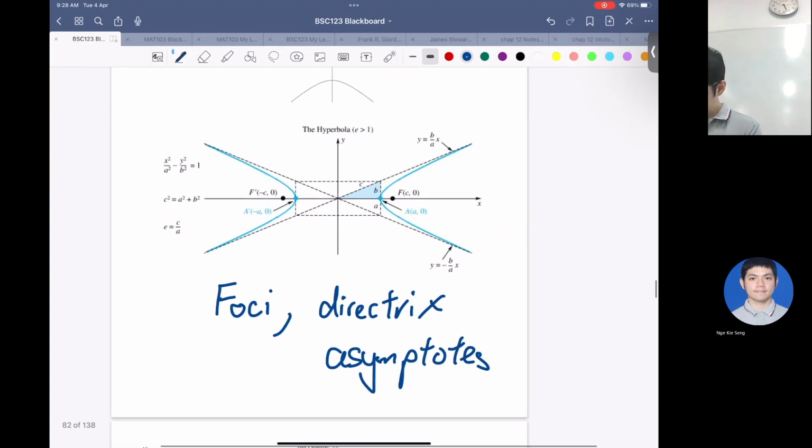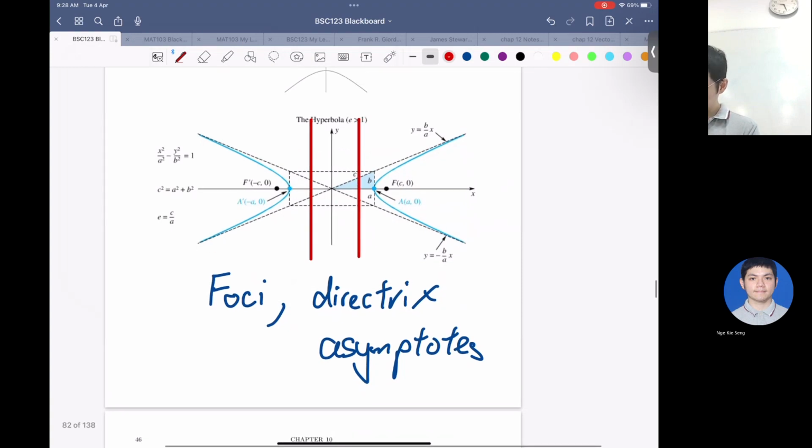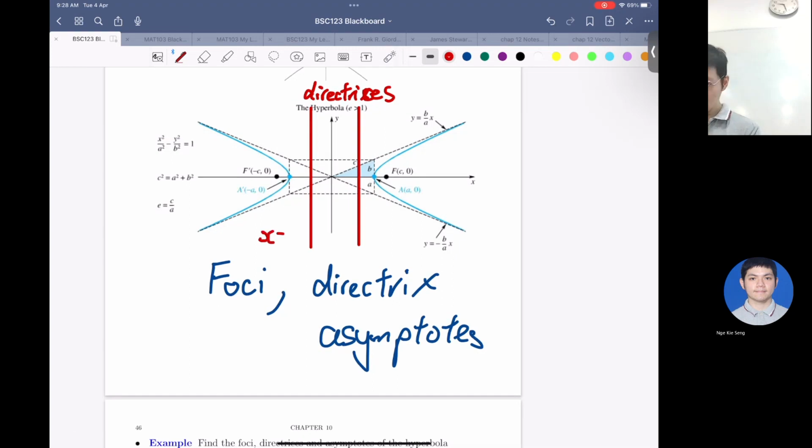The formula is x equals plus minus a over e. These are two possible directrices you can use. If you are interested in the derivation, you can look for the books. For now, you just need to know how to find it.